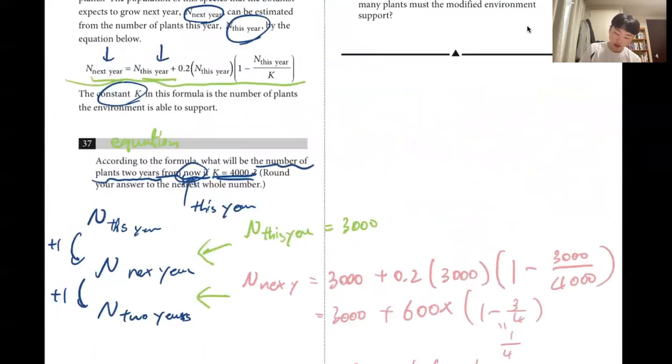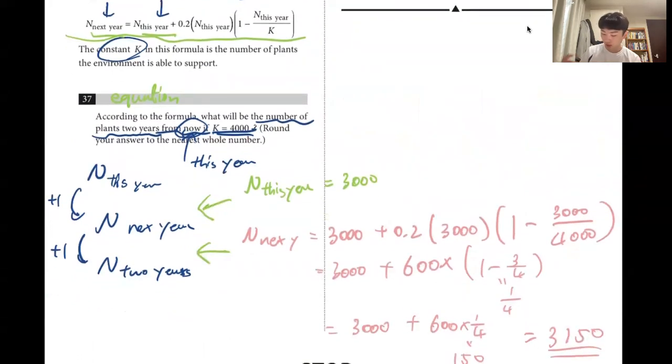As you can see, next year and this year, we can change this year to next year, and we can put 2 years to the next year, because the next year of next year is 2 years later, right? And we know the value of k, and we know the next year, which is 3,150.